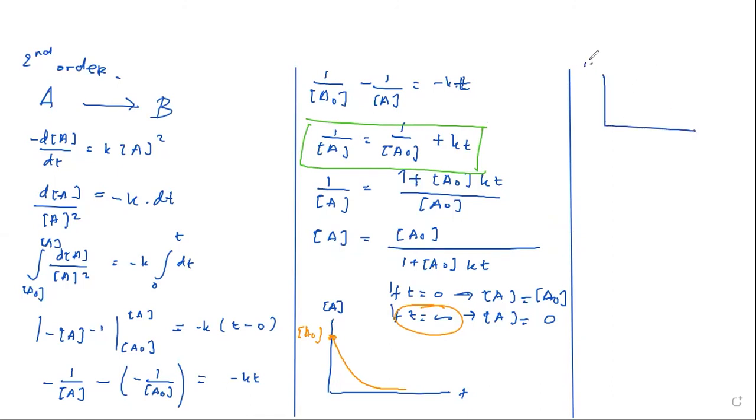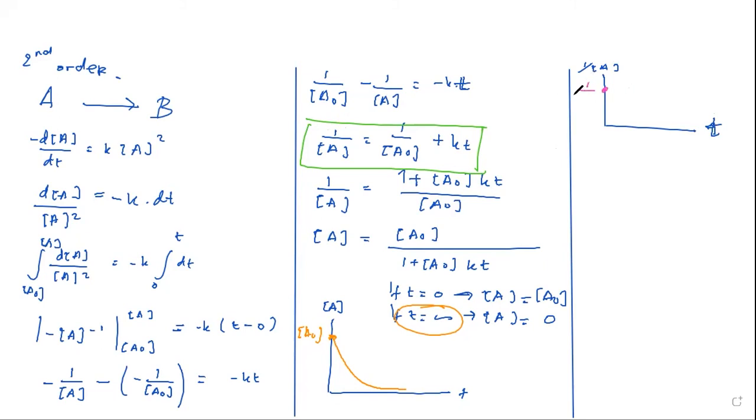This is 1 over A, and this is time. So at T equals 0, the value of 1 over A will equal 1 over A0, right? So this is the point.